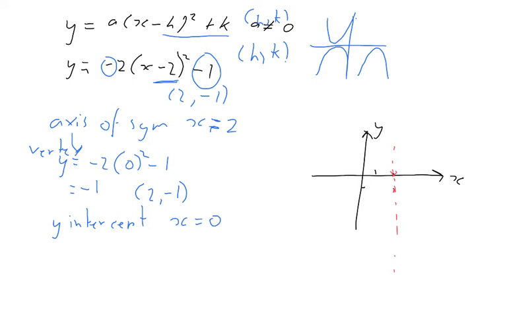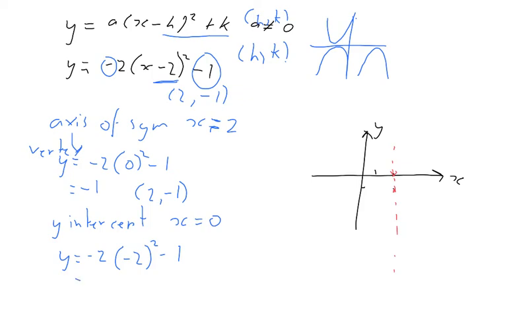So if x equals 0, then y equals minus 2 (0 minus 2) squared minus 1.